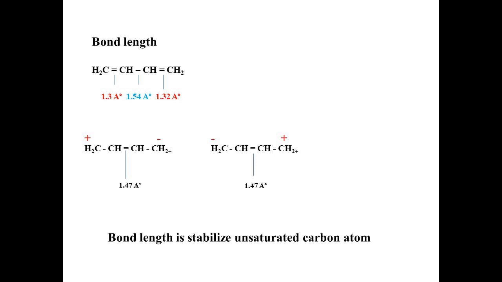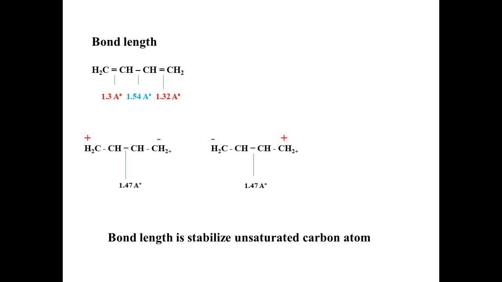Another one: a single bond is 1.54 Angstroms, which is the normal bond length. But in a carbon chain, if a double bond breaks, that means in an unsaturated carbon atom a bond length is created and shifted further, in the right and left directions.